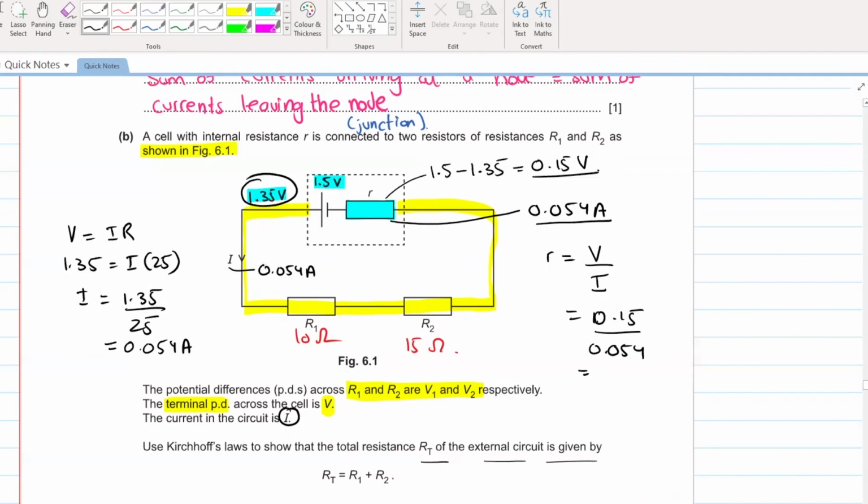Can anyone tell me the answer for the internal resistance r? Anyone? 2.8 ohms comes out to be your answer. Simple as that. Yes, 2.7, 2.8, you can say that.